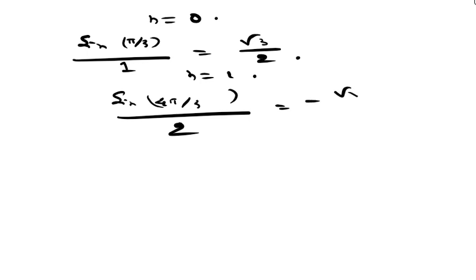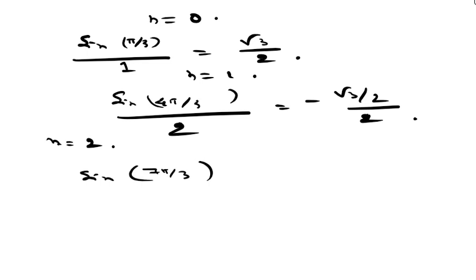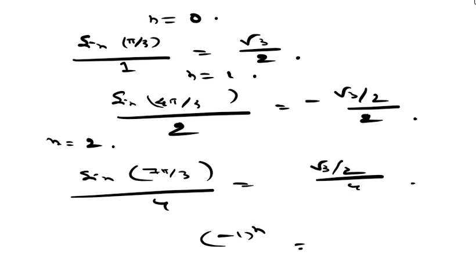Minus root 3 by 2 by 2. For n equals 2, sine 7 pi by 3 by 4 is equal to what? Root 3 by 2 by 4. So we see positive, negative, positive alternating. That confirms the factor minus 1 whole to the power n. But this method is slow. Always use the identities.